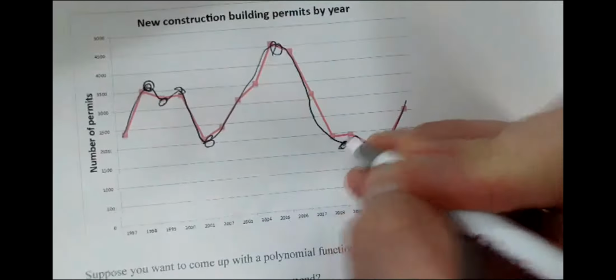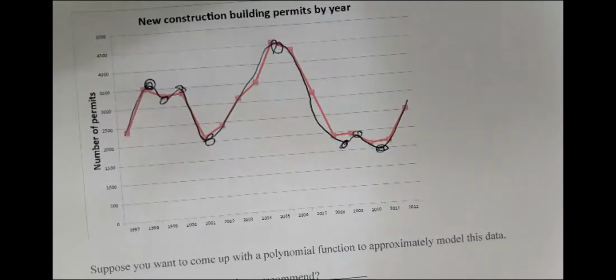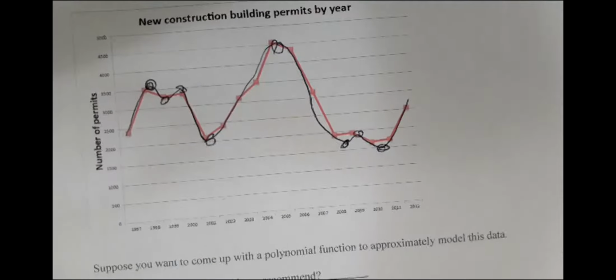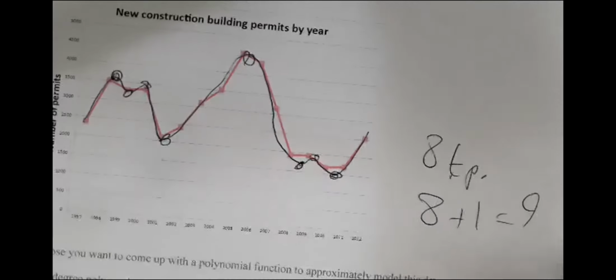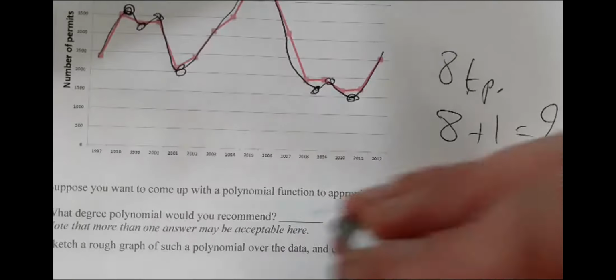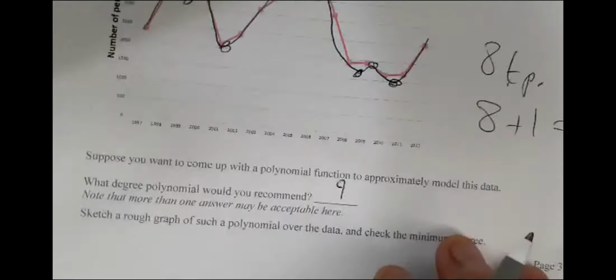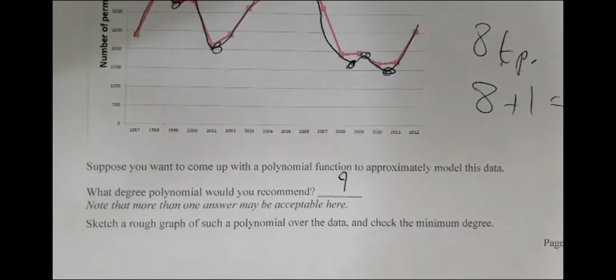That's one graph, pretty rough. 1, 2, 3, 4, 5, 6, 7, 8 turning points. So I'm getting like 8 turning points. I want to do 8 plus 1 gives me a 9th degree function. I have to recommend probably at least a 9th degree function.